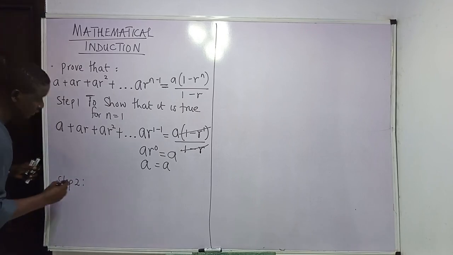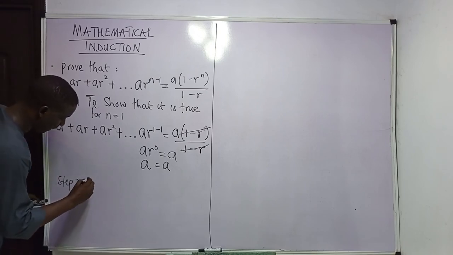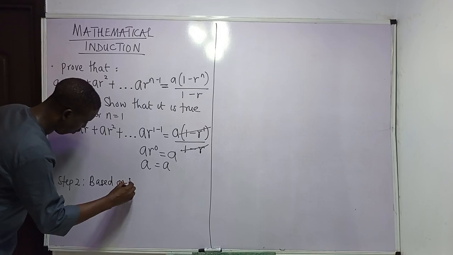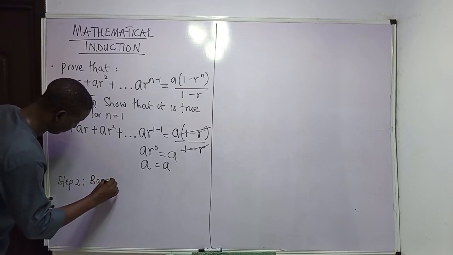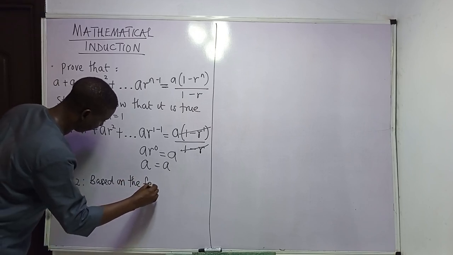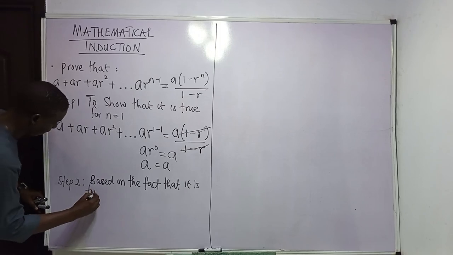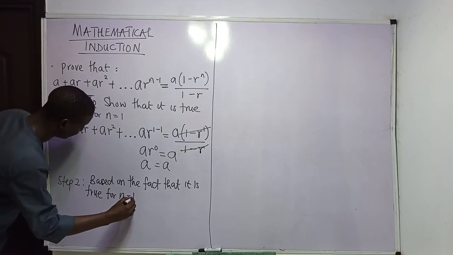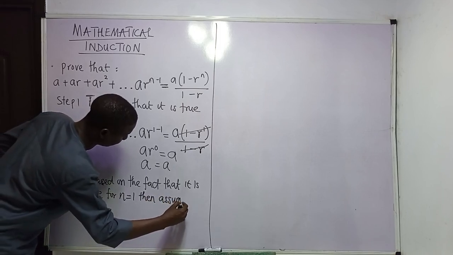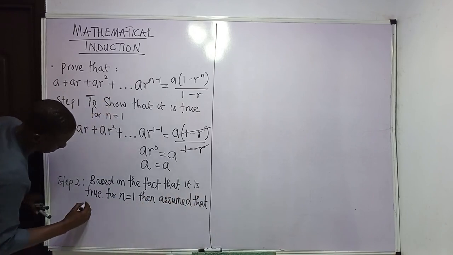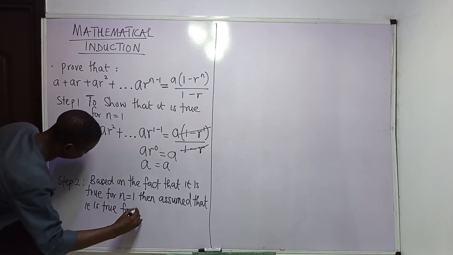In step 2, based on the fact that it is true for n equals 1, we assume that it is true for n equal to k.